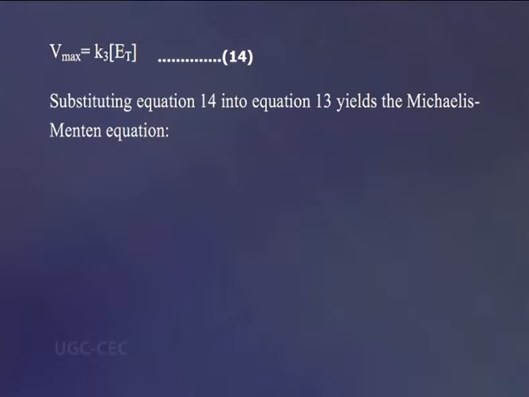Substituting equation 14 into equation 13 yields the Michaelis-Menten equation: V equals Vmax S upon S plus Km, equation 15. This equation accounts for the kinetic data given in the figure.